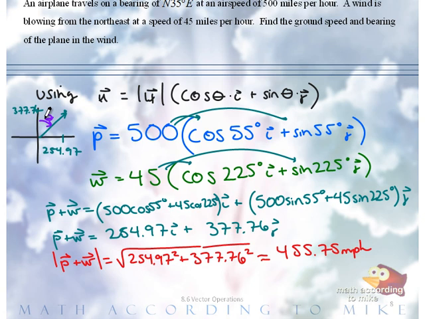You can use it, but we don't need it. So by design, this is the right triangle here, where the leg opposite of theta would be 254.97. The leg adjacent to theta would be 377.76.